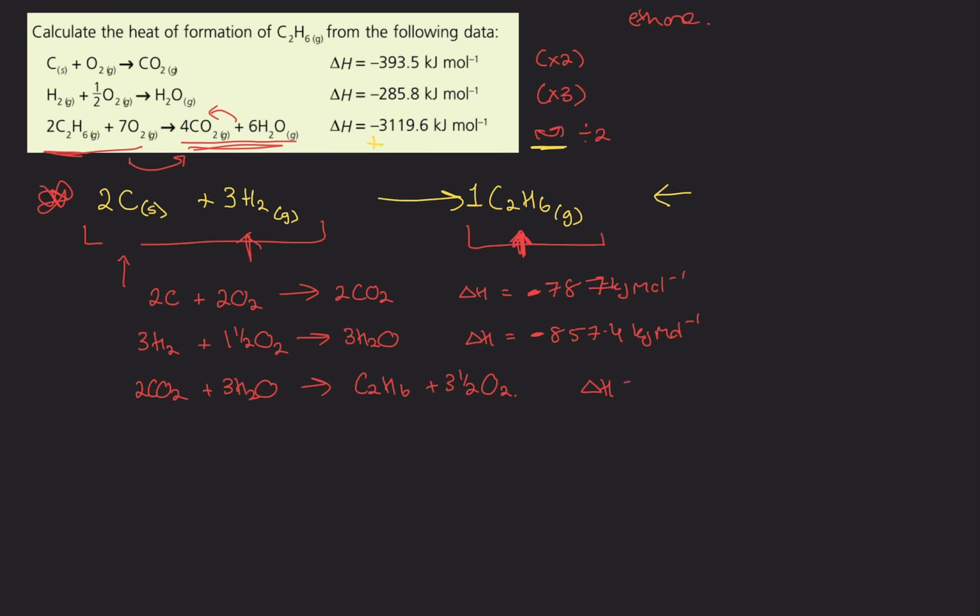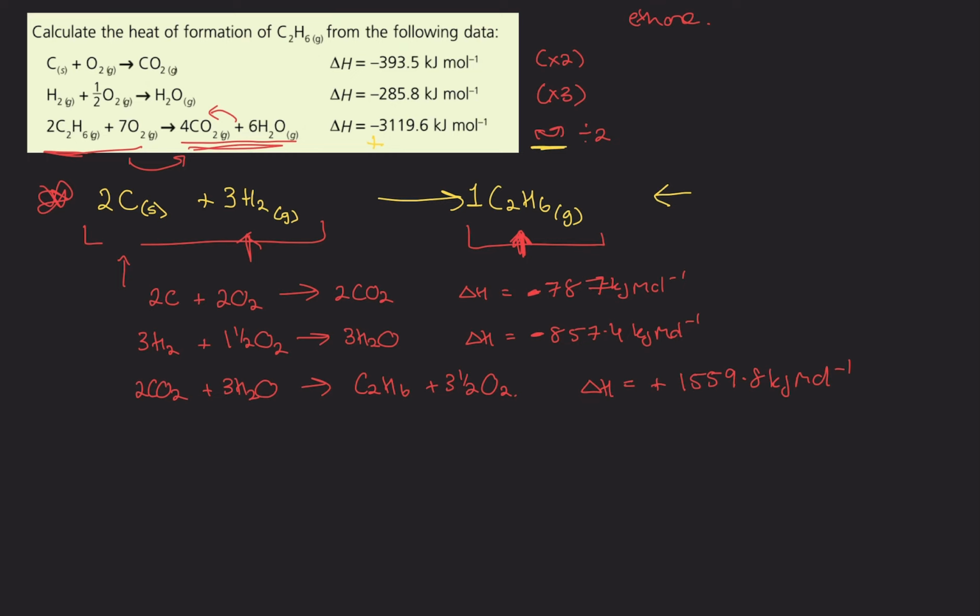So instead of being minus, it's going to be a positive now. Also, we divide it by 2. So divide that 3119.6 by 2, and you get 1559.8 kilojoules per mole. Okay, that's the hard part done.